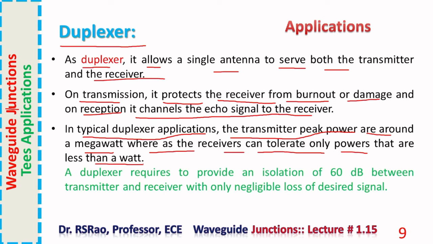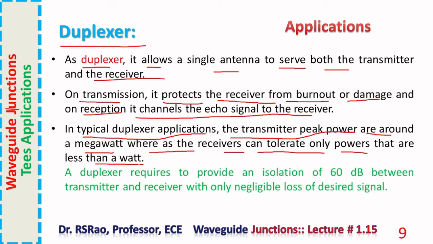Now, one can understand the danger of transmitter power directly entering the receiving antenna and the circuitry connected to it, which is designed to handle smaller power levels. Simply, burnout takes place because the transmitter output is in megawatts, while the receiving antenna and its associated circuitry, part of the receiver, are designed to handle small power levels, maybe milliwatts or microwatts.